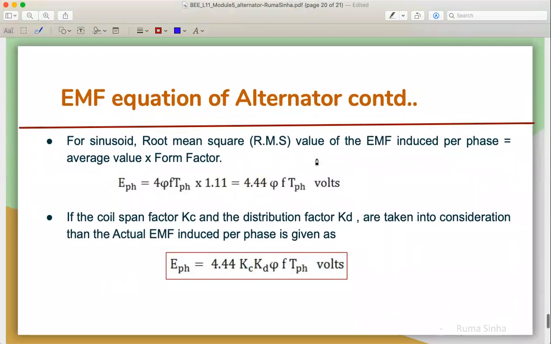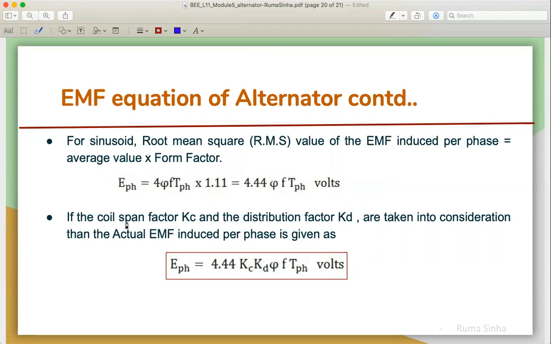Now this E phase is the induced EMF considering that it is a full pitch coil and a concentrated winding. But in practice, it is neither a concentrated winding nor a full pitch coil. It is practically distributed and short pitched.